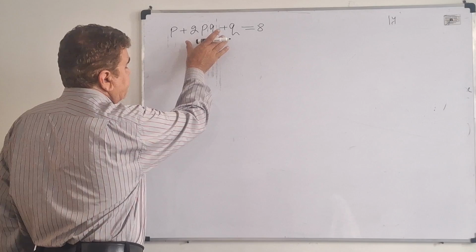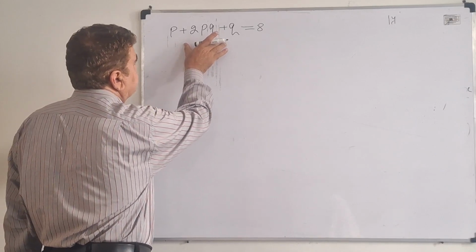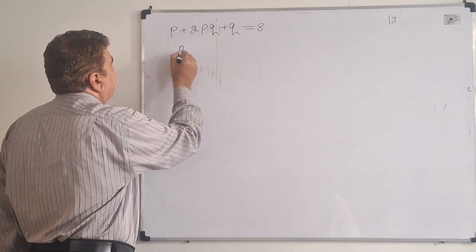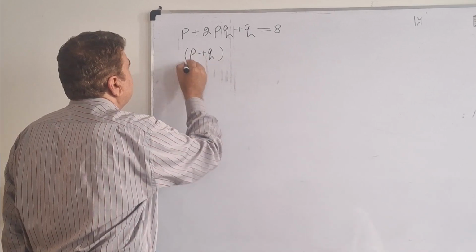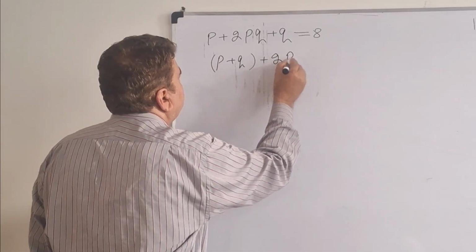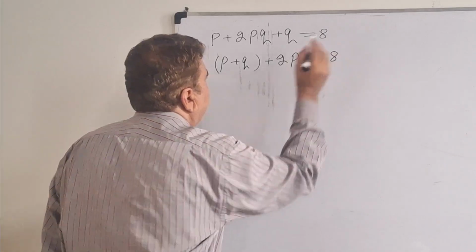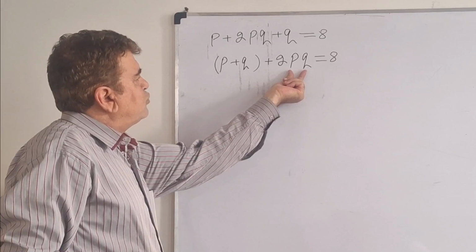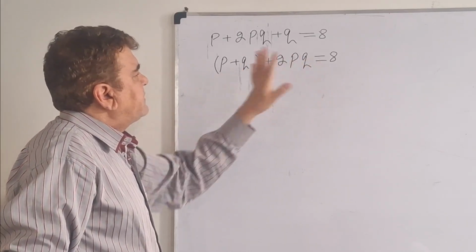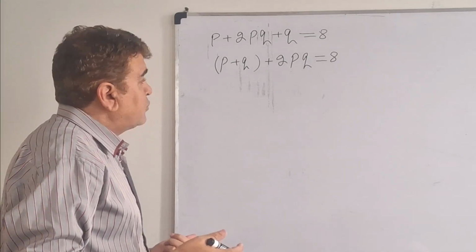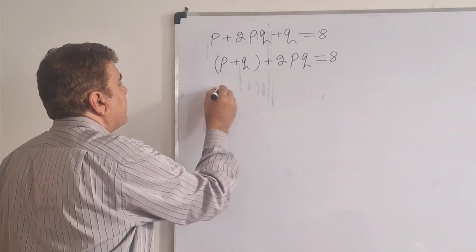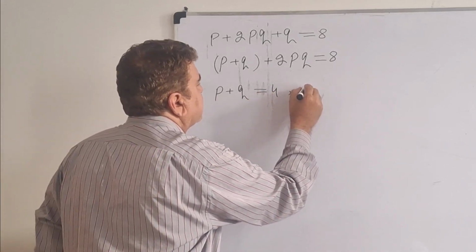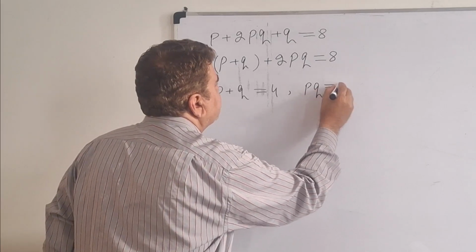the left side of this equation must always be equal to 8, and keeping that in view, I can write P plus Q plus 2PQ equals 8, and can guess that if P plus Q is equal to 4 and PQ is equal to 2, then 4 plus 4 equals 8, and I can construct two equations of the form P plus Q equals 4 and PQ equals 2.